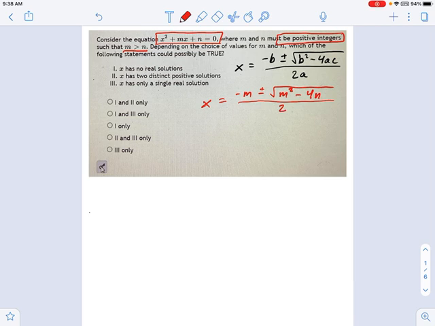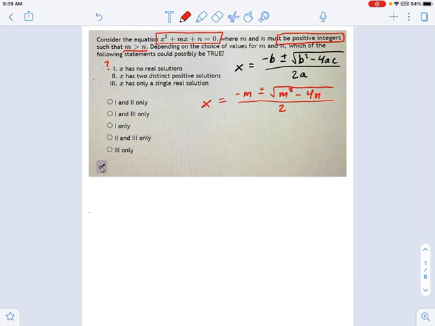And now let's talk about the different sorts of things which could possibly be true. Is it possible that you have no real solutions? I'm going to talk about number 1 first. Is it possible to have no real solutions? Well, to have no real solutions, what that requires is imaginary things. Remember, you can have real or imaginary solutions.